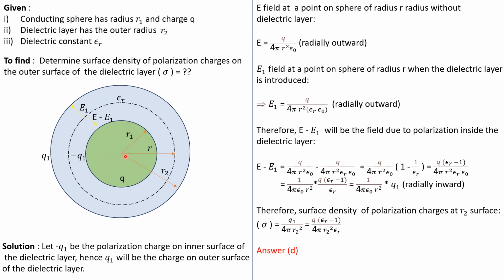If Q is the positive charge, then minus Q1 is the charge due to polarization appearing on the inner surface of the dielectric layer. Consequently, plus Q1 charge will be appearing on the outer layer of the dielectric.